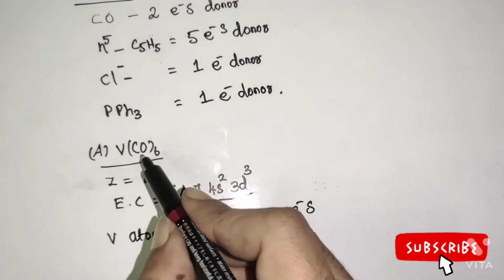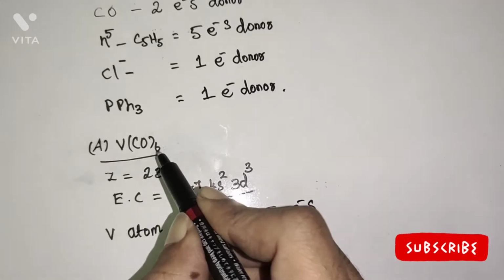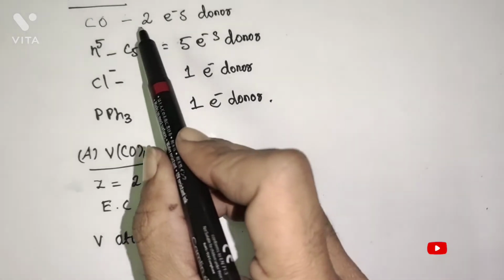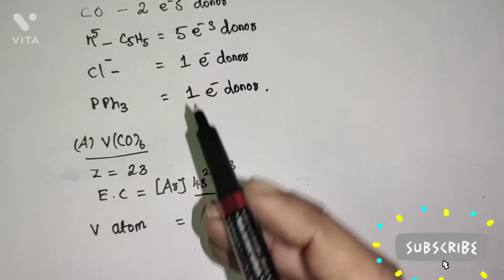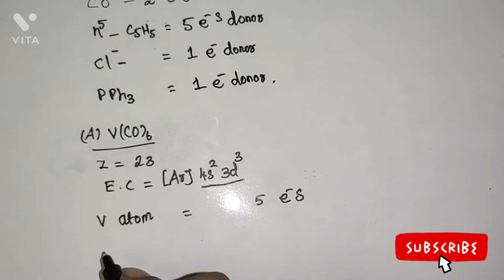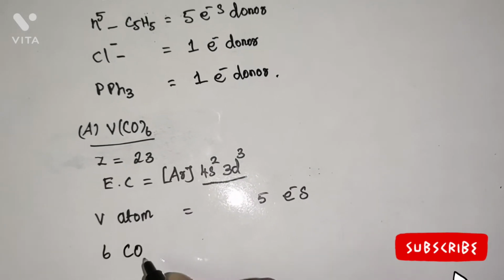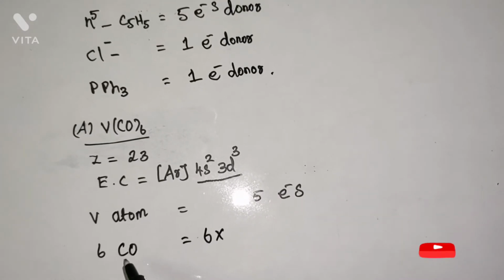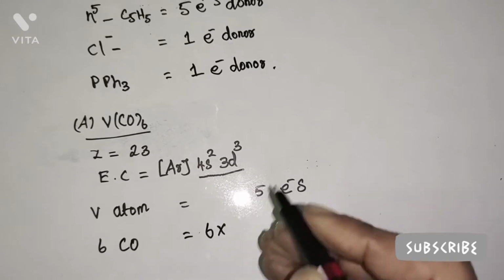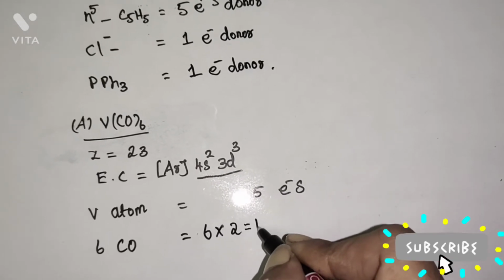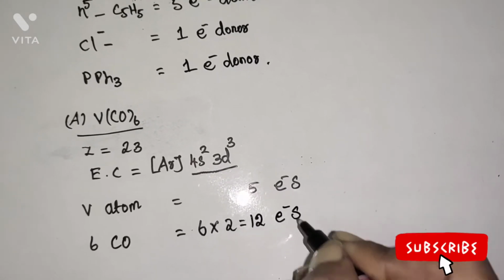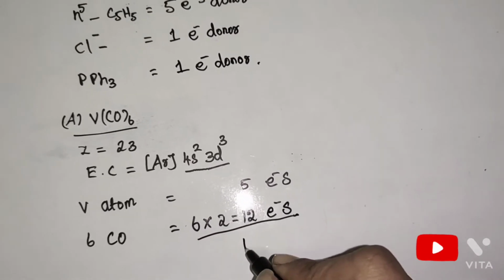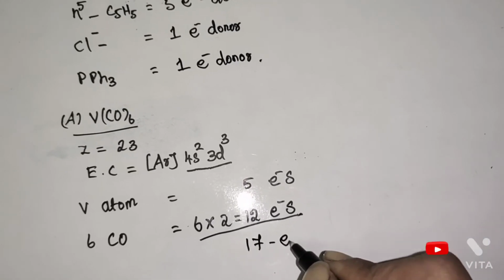Then 6 carbonyl ligands are present, and each carbonyl is a 2 electron donor, so 6 into 2 is 12 electrons. The total electrons present in V(CO)6 is 17 electrons.